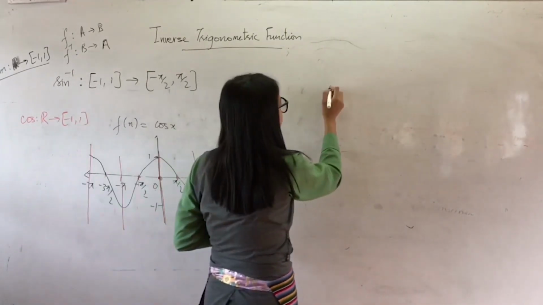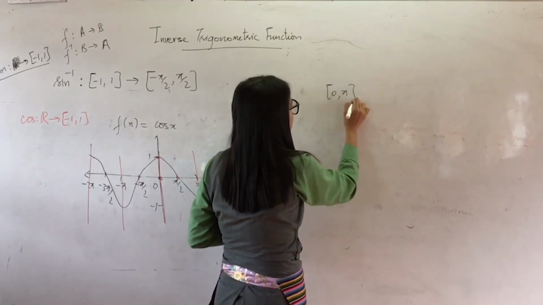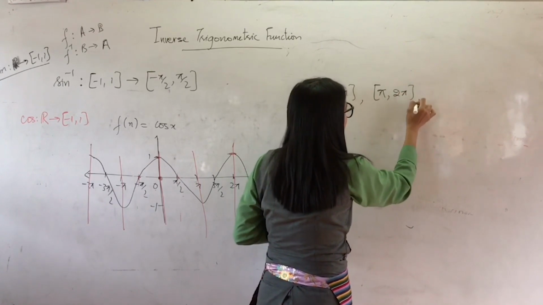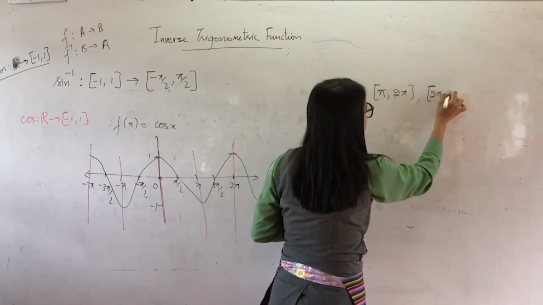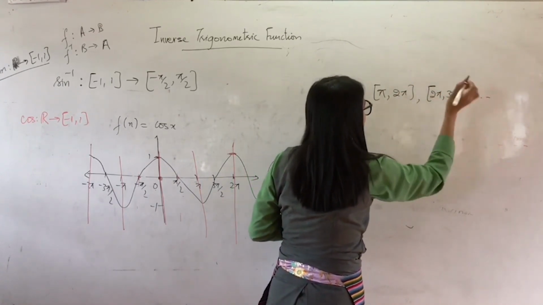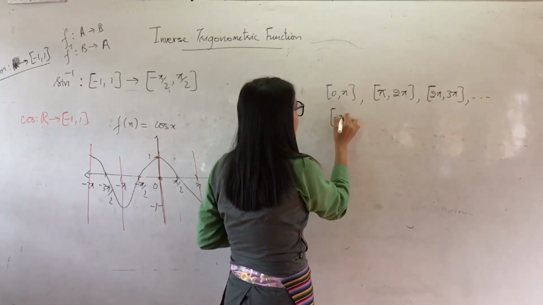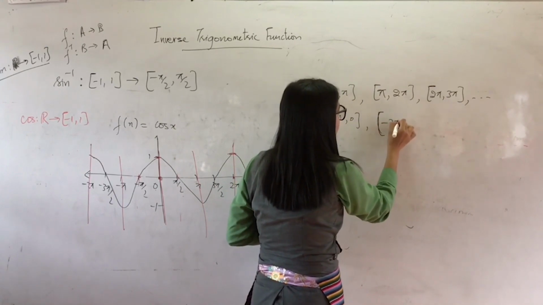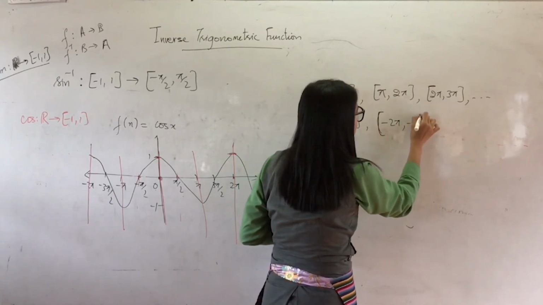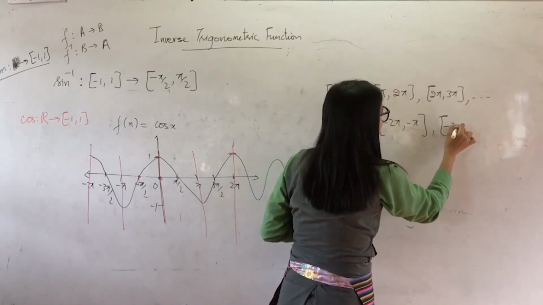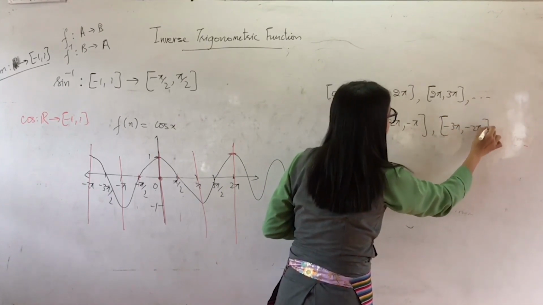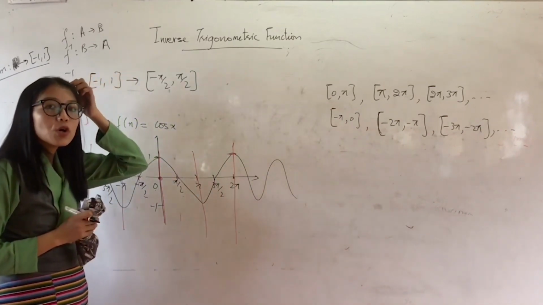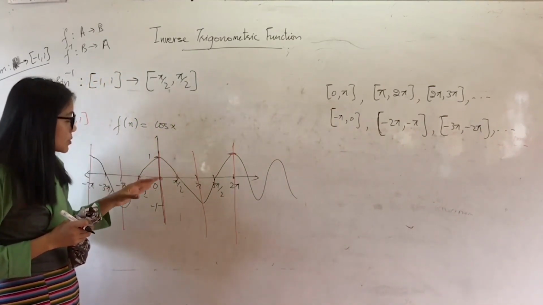I get 0 to pi, pi to 2 pi, 2 pi to 3 pi, and so on. Here we get negative pi to 0, closed interval, negative 2 pi to negative pi, negative 3 pi to negative 2 pi, and so on.